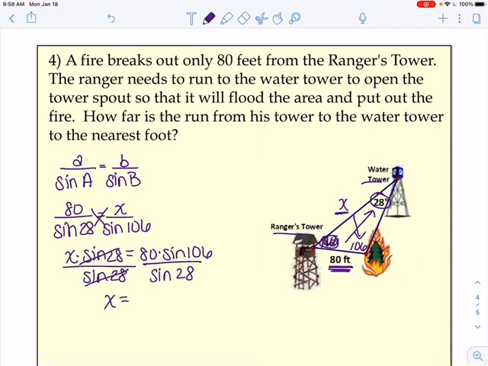On that right-hand side, when you're putting that into the calculator, just put that numerator into a set of parentheses before you hit divide by the sine of 28. When you hit enter, it comes out to approximately 163.8. The question is asking to the nearest foot, so when I round that, it should give me an answer of 164.